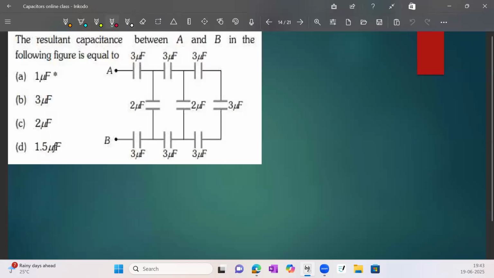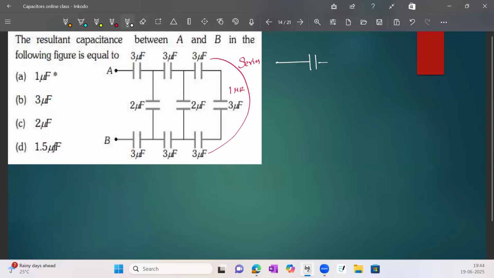Okay, next. So the next one, if you see, the resultant capacitance between A and B. So we have to reduce this capacitance network. The three 3s are connected in series. Three identical capacitors of 3 connected in series become 1 microfarad. So the equivalent diagram we can write here.